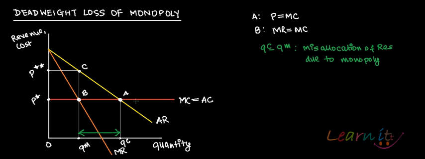Now, what has happened is, when earlier a perfectly competitive industry was there, QC was produced. Now, in case of monopoly, QM is produced. So the amount of resources which were released by the arrival of monopoly is given by AQCQMB.